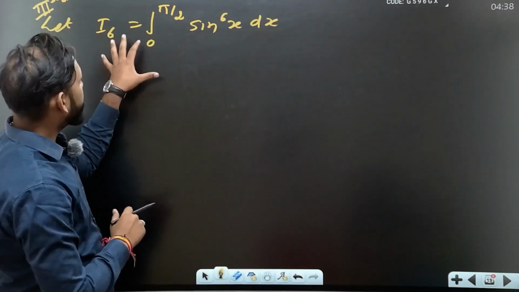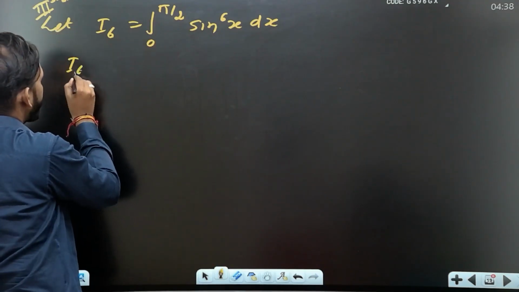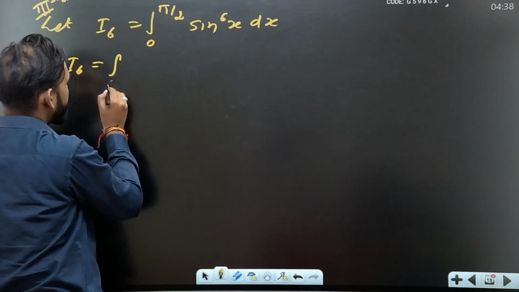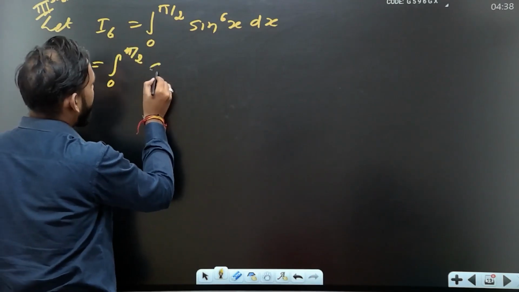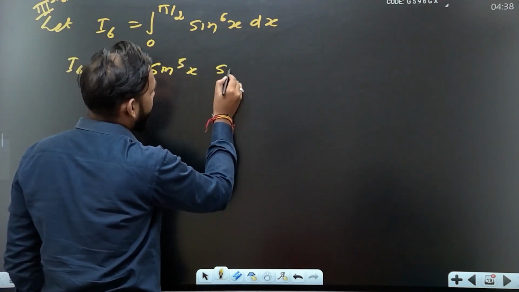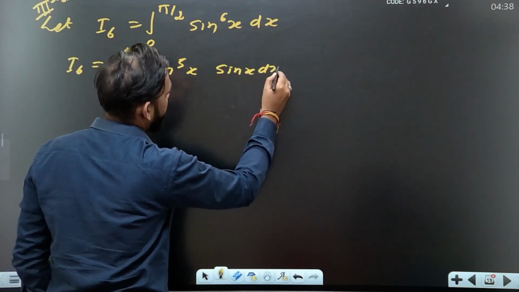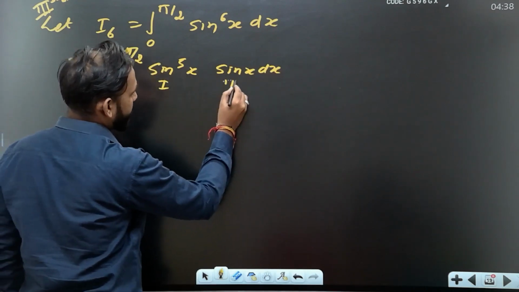If we consider I6 as this integral, then we write I6 as 0 to pi by 2 of sine to the power 5x times sine x dx, right. Now this is the first function and this is the second function.